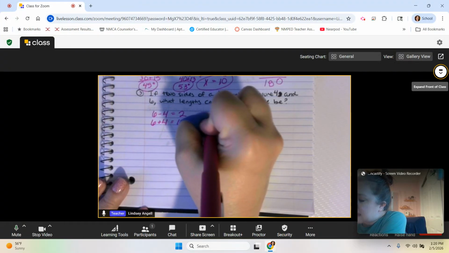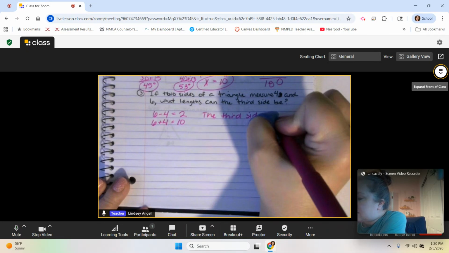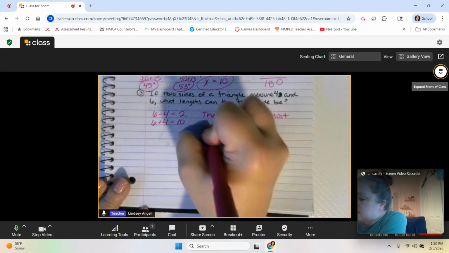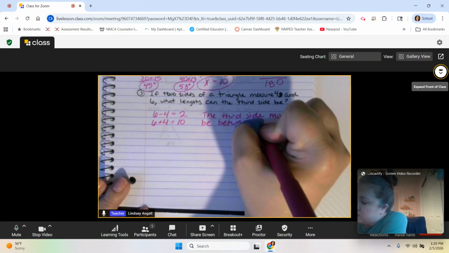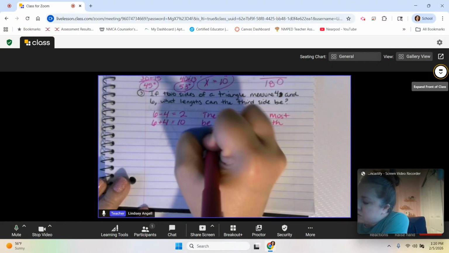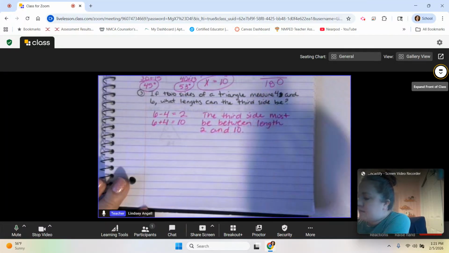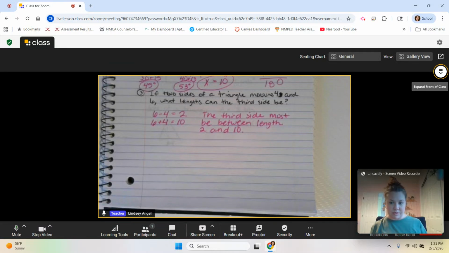So we could say the third side must be between length 2 and 10. If it goes out of those parameters, then it wouldn't work. Okay? So that's how you could figure that out. Add them together and subtract, and then it's got to be between those.